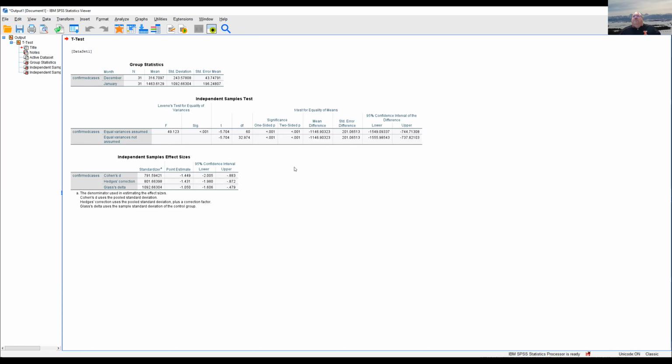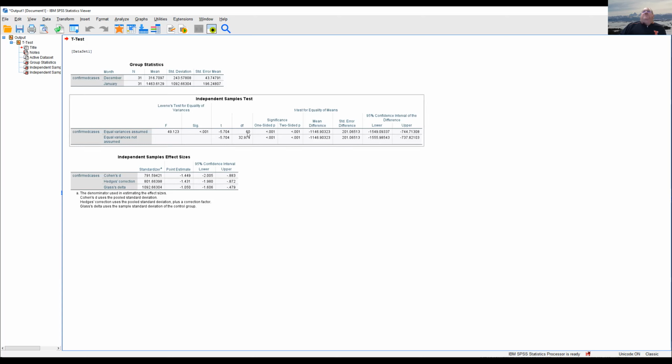Your degrees of freedom for this are 60, and 0.05. You're looking at 2.0 as your critical value. That's definitely above it. So there is a significant difference.